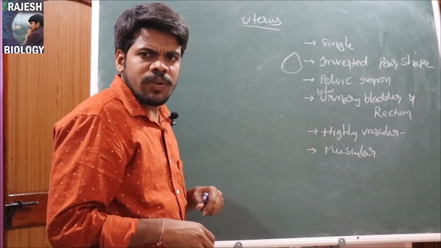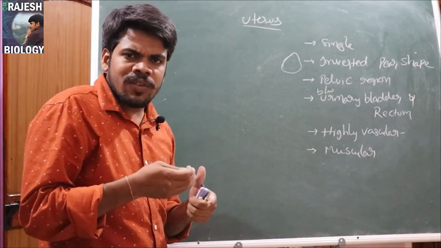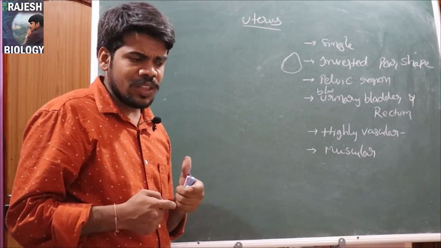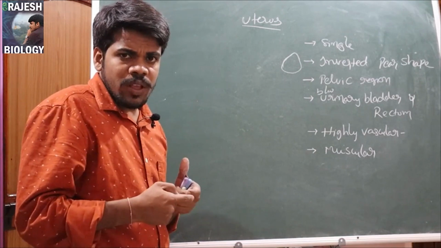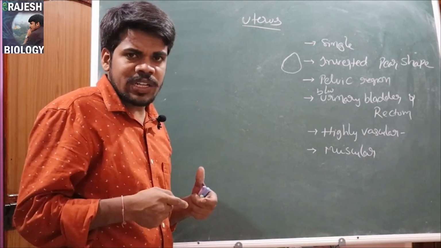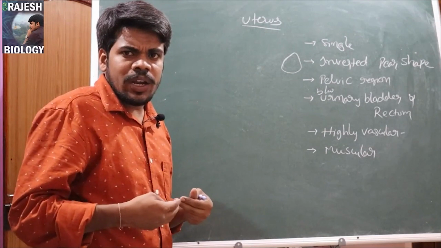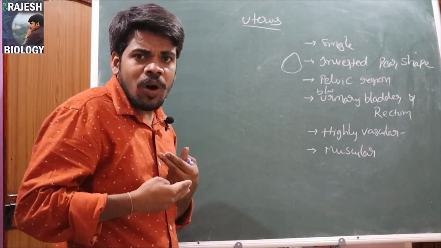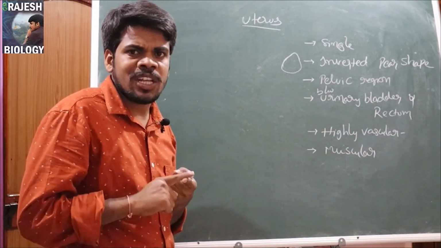Why is it muscular? Even if the ovum is not fertilized, at the time of the menstrual flow, the endometrium undergoes contractions to shed the endometrial wall out. It shows peristaltic movements.